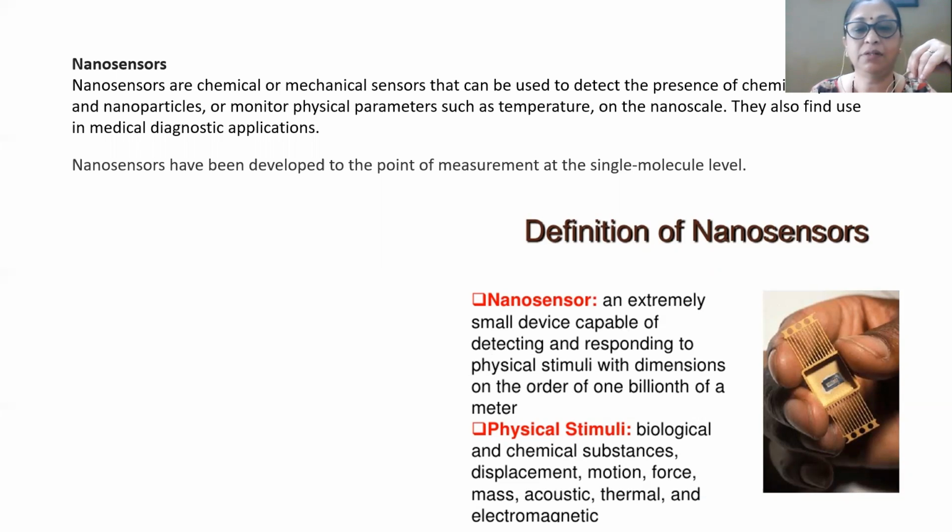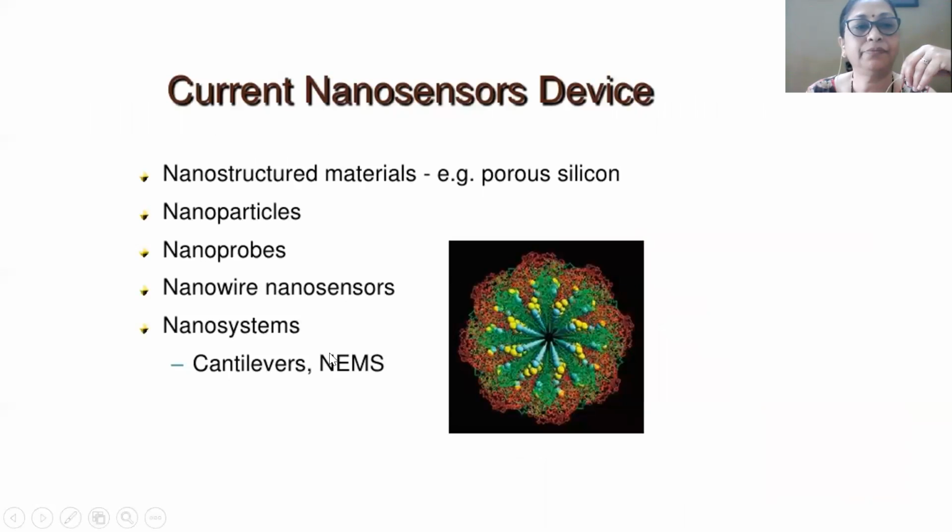So both types of sensors are there. If any one of the dimensions of the sensor, or the material used to fabricate it, is of the order of a nanometer, then that type of sensor is called a nanosensor. Here you can see one example of this. In industry, the current nanosensor devices which are available are formed with the help of porous silicon.